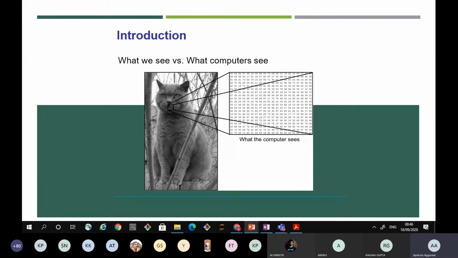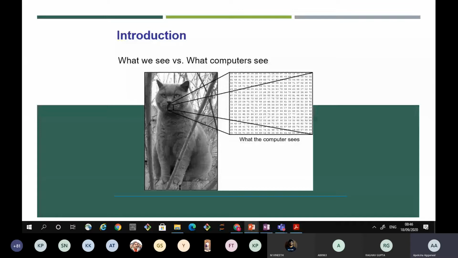How does our computer do that? For that, the computer needs to extract features on every layer of a neural network, or maybe a convolution neural network. It extracts features like edges.